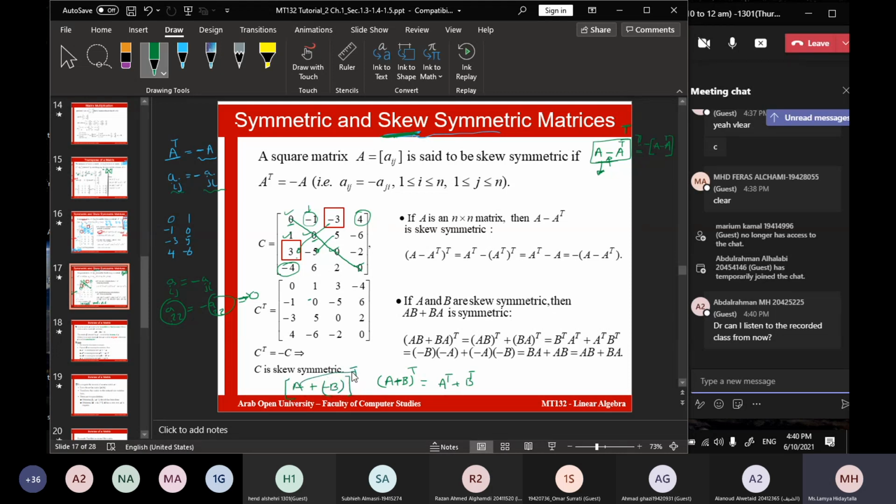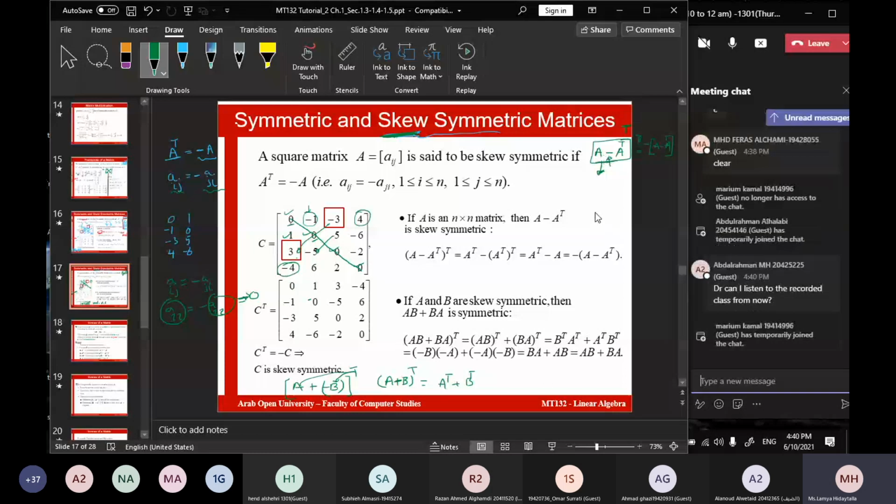So again, it's the same. So this is also applicable when we have a minus sign here. Okay, so A minus A transpose, I'm going to do. So this is equal to A transpose minus A transpose, transposed.